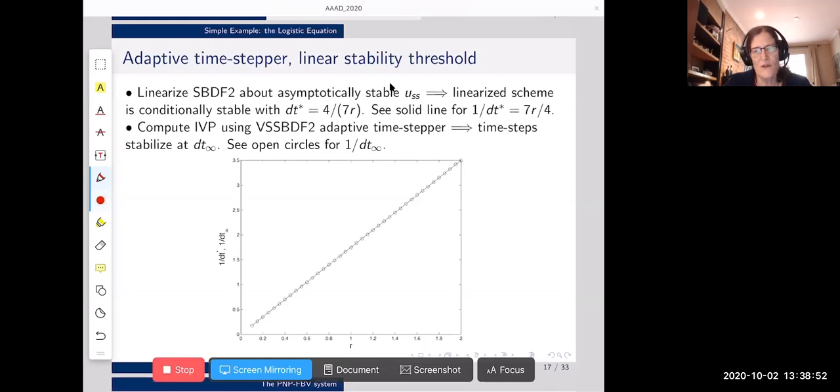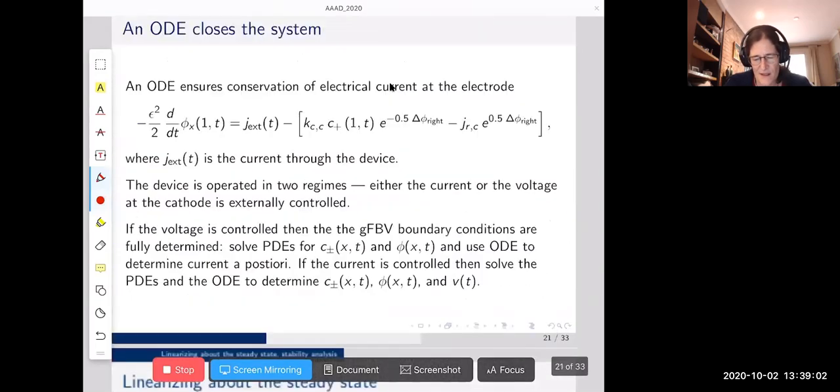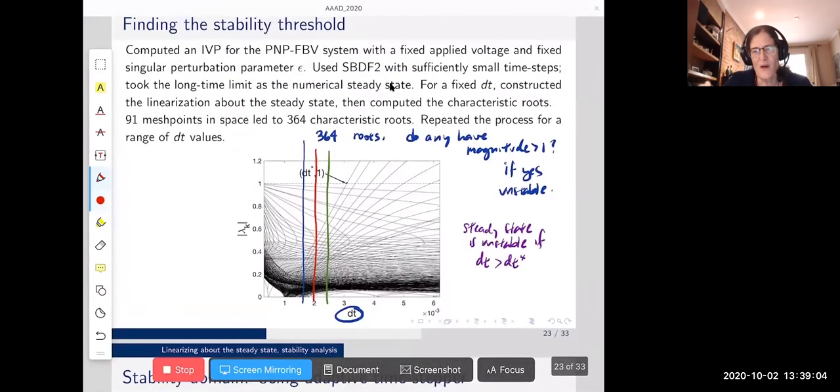And so for 2 different stable steady states, I'm going to get 2 different sets of Jacobians, 2 different sets of eigenvalues and eigenvectors, and 2 different busy complicated pictures like these, and I might get one time step constraint for one steady state and a different time step constraint for the other steady state, and which one kicks into action would depend on the initial data. Is the initial data headed towards stable steady state A or stable steady state B?